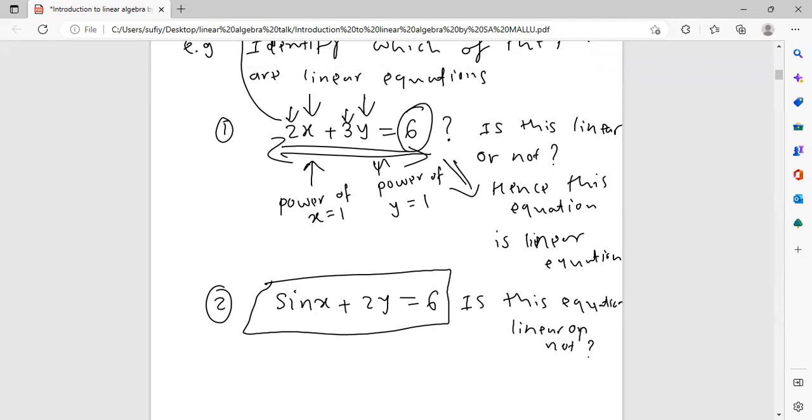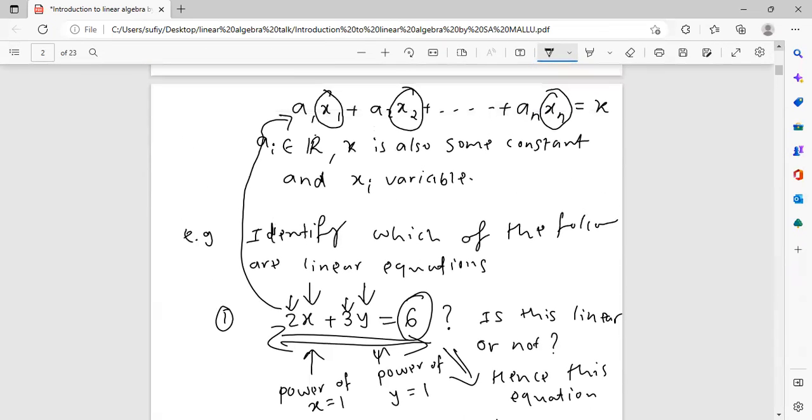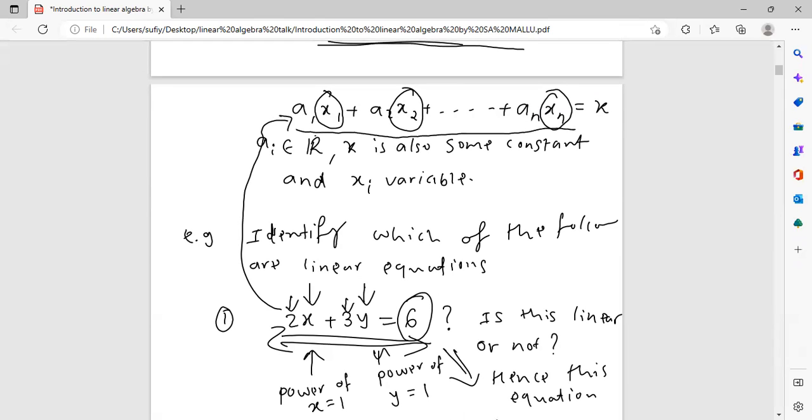As I said, in order to be a linear equation, the linear equation has the form a1 x1, a2 x2, up to an xn. So remember your variables, the xi's, have to have exponent 1, together with some constant. Some ai's can be 0, it's not a big deal, but it has to be multiplied by some constant and equal to another constant k.